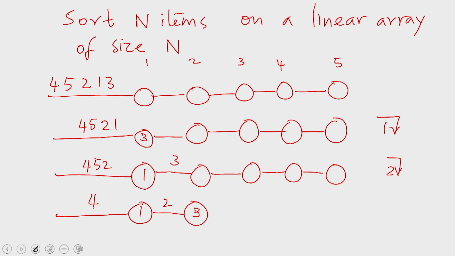The remaining input is 4 and 5. So, this is the content of the list at the end of the third step. Now, going on to the fourth step. In the fourth step, the second processor is active.